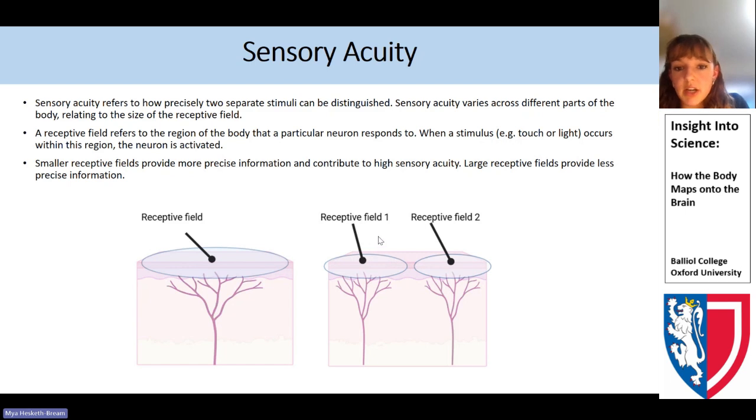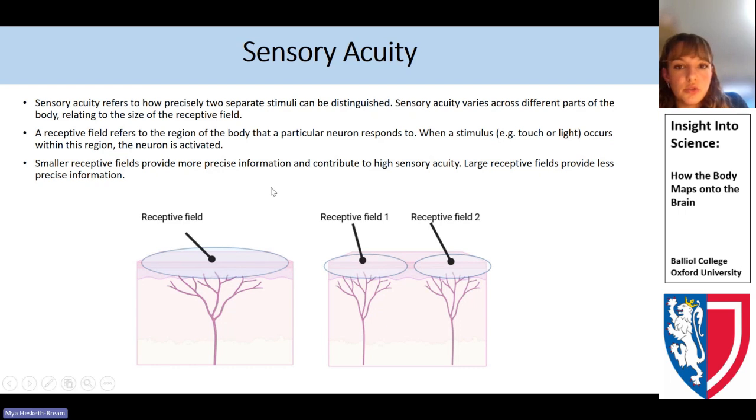If you were to now touch this part of the skin and then this part of the skin, the brain would be able to distinguish between those two points because you're touching in receptive field 1 and you're touching in receptive field 2. So smaller receptive fields provide more precise information and contribute to a higher sensory acuity. Conversely, larger receptive fields contribute less precise information.